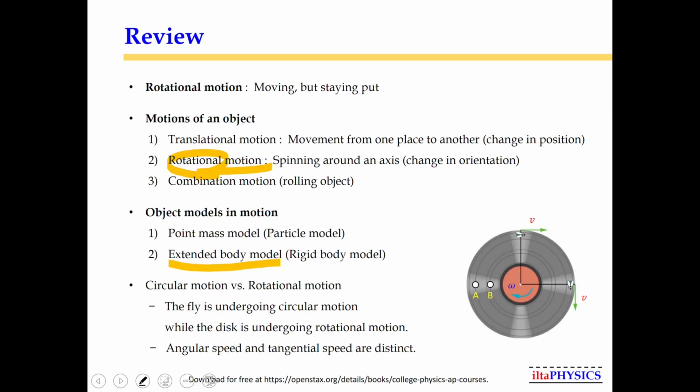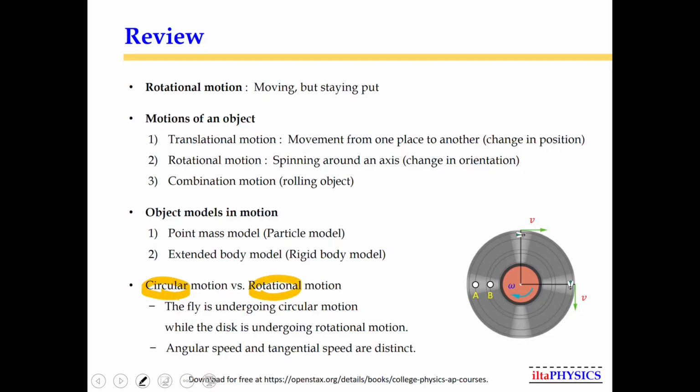Therefore, for the analysis of rotational motion, we need a model that views an object as a collection of many tiny components. We call this the extended body model or the rigid body model. We will learn the detailed analysis methods for the extended body model moving forward. Also, I briefly explained the relationship between rotational and circular motion.